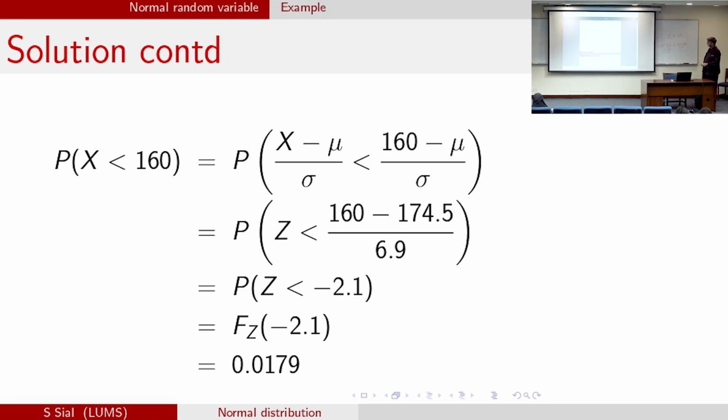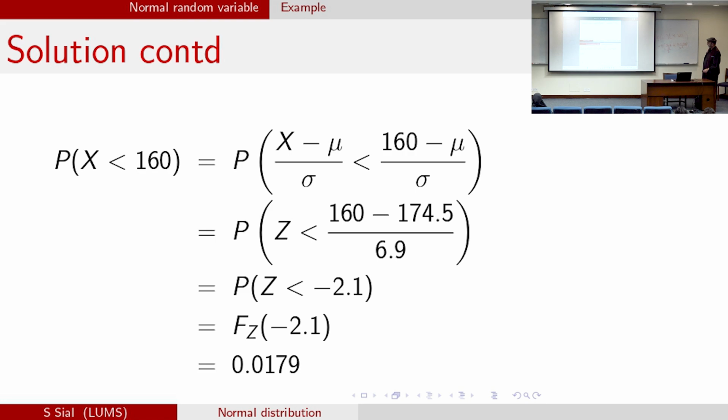Okay. Let's go back here for a second. Right, so that's about 2. So it's all the area under the curve from minus infinity all the way up to 2 standard deviations. Okay, that's what we're talking about.